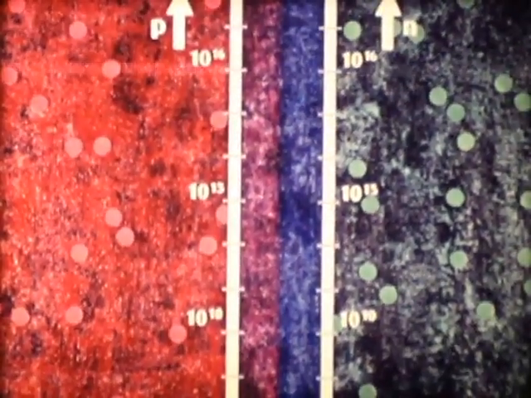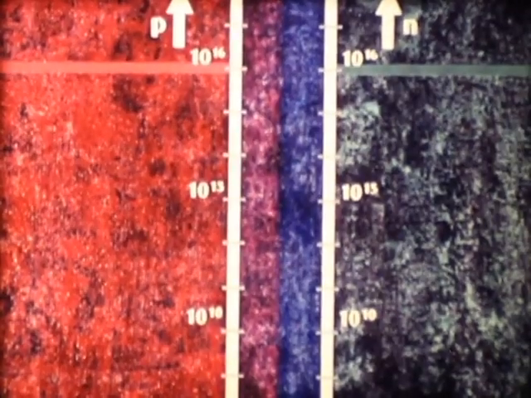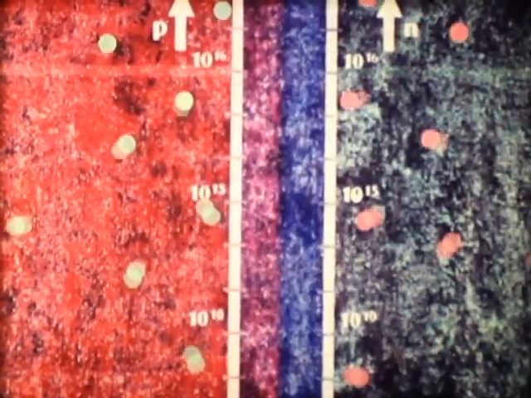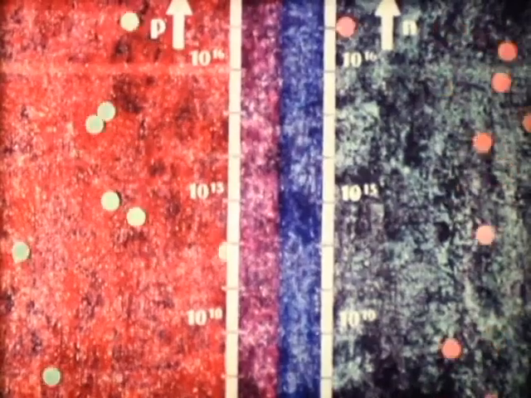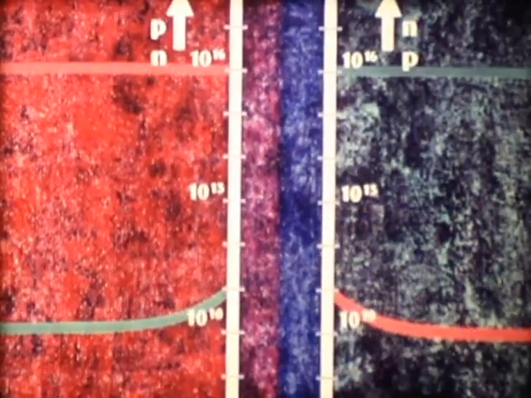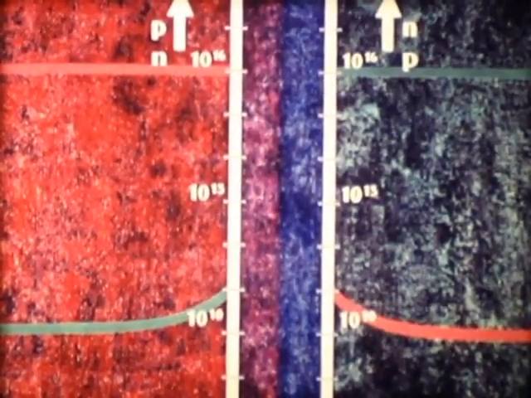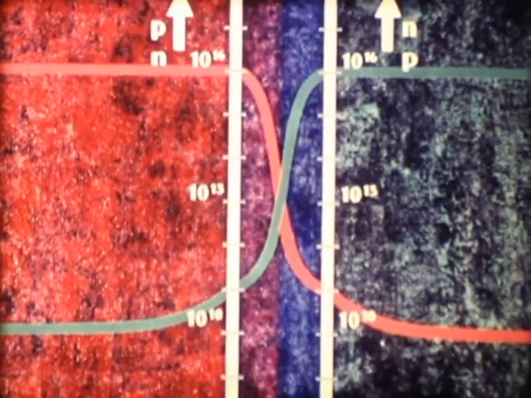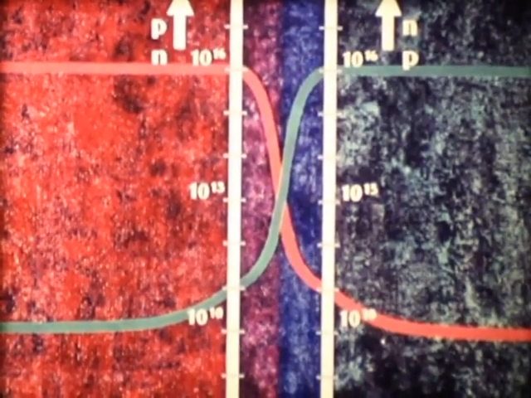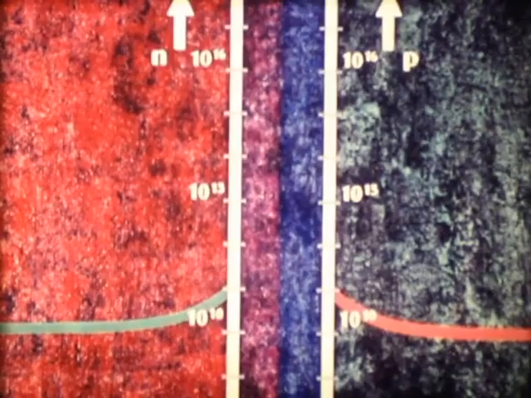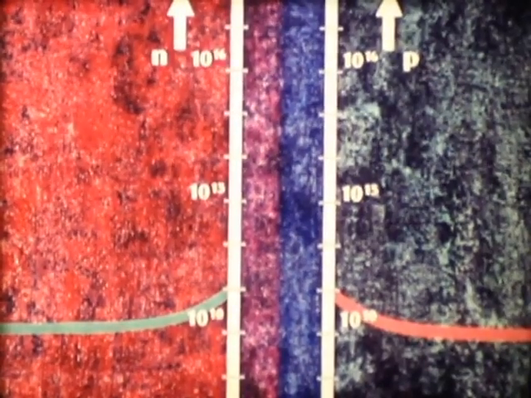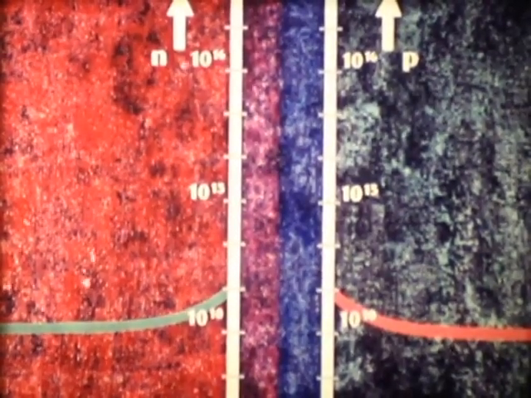The concentration curves of the majority carriers will remain horizontal, but those of the minority carriers will rise near the barrier. This rise in minority concentrations is directly related to the current flowing across the junction, which is equal to the current flowing in the external circuit.